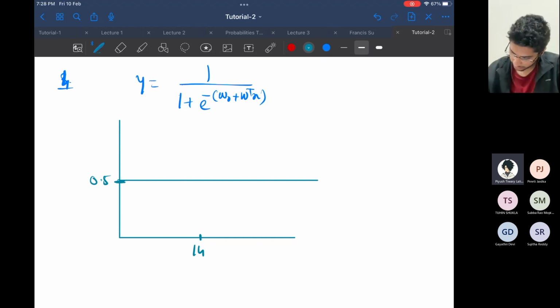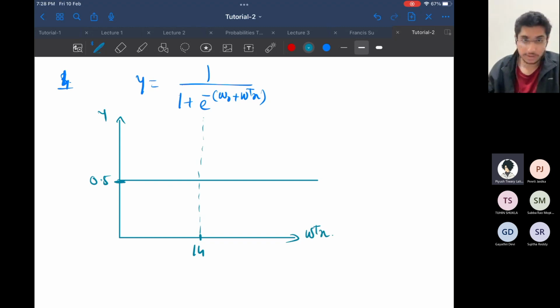So there is 14 here. Let me draw this line so that I make sure that it exactly intersects it. So this is y, this is your x. This is your w transpose x, is what they are saying. And this is your function that is going something like this.